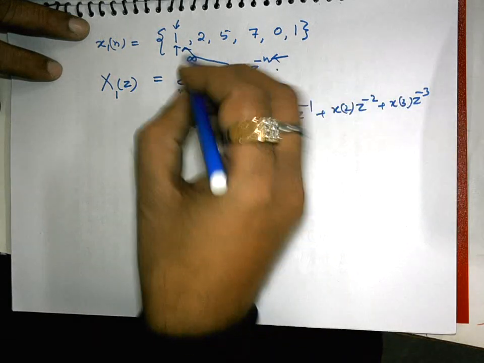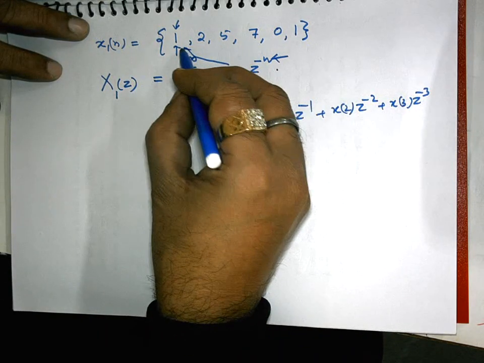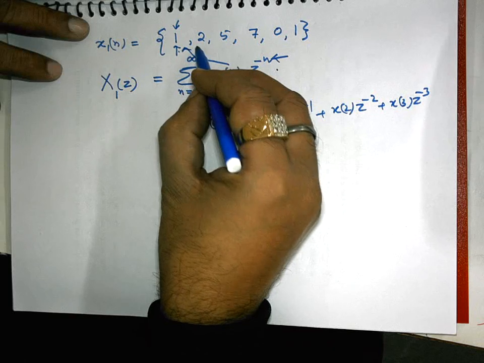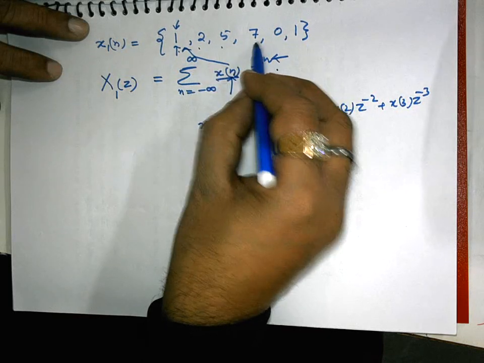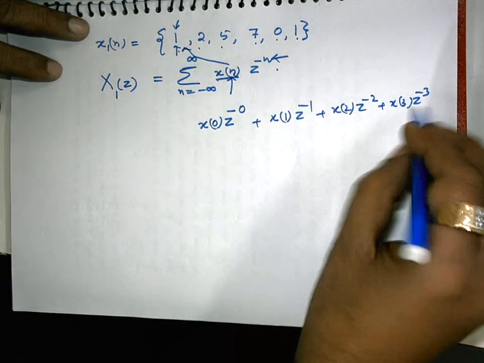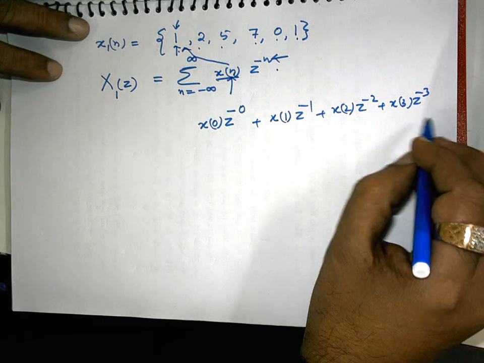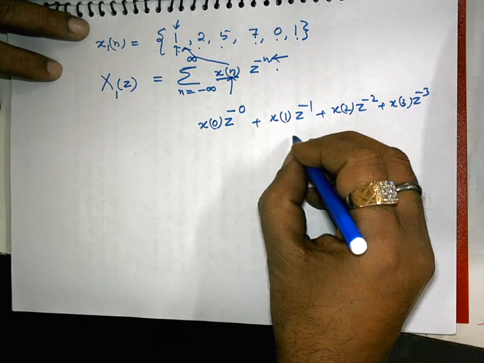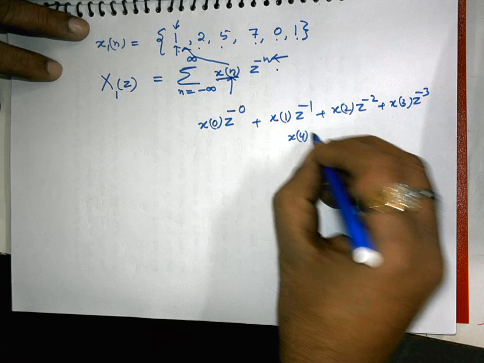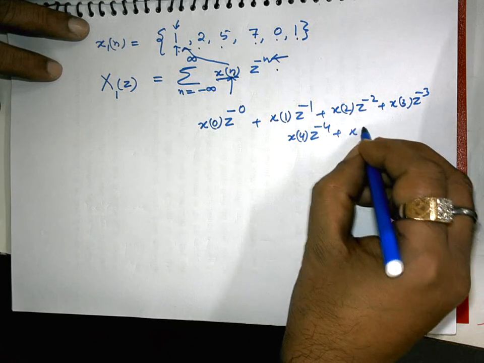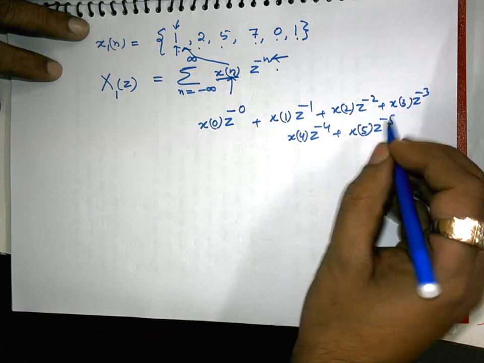Okay. So this is n equal to 0, n equal to 1, n equal to 2, 3, 4, 5, and going this way we have to proceed up to x(5). So x(3), x(4) z to the power minus 4 plus x(5) z to the power minus 5.